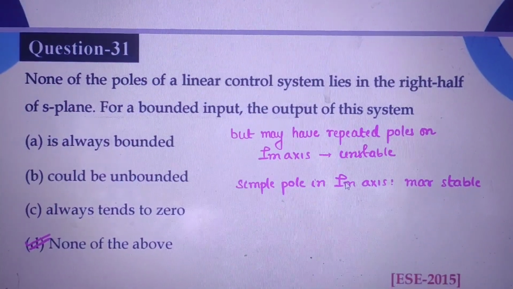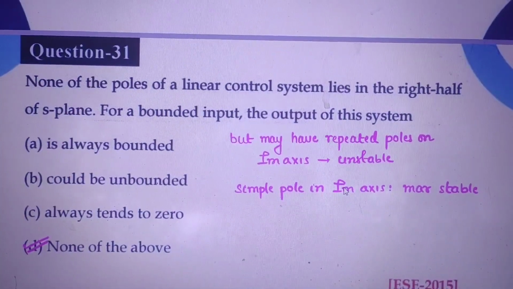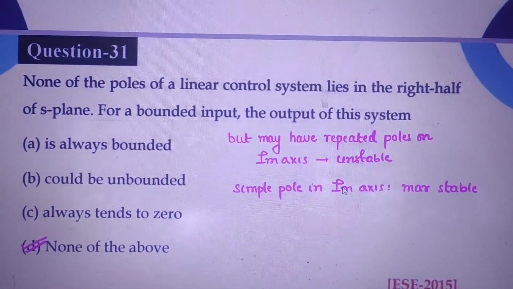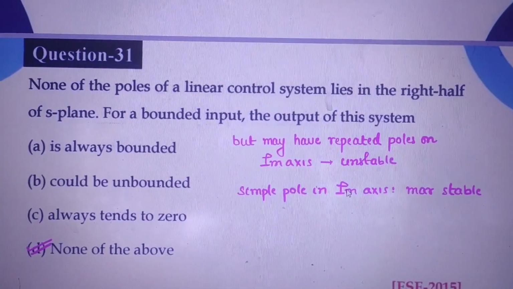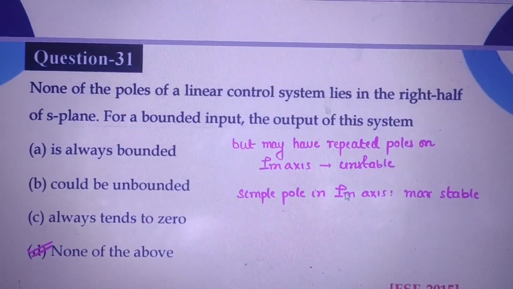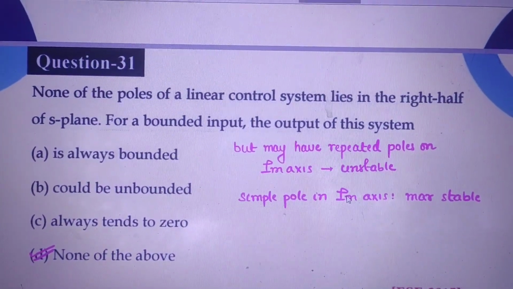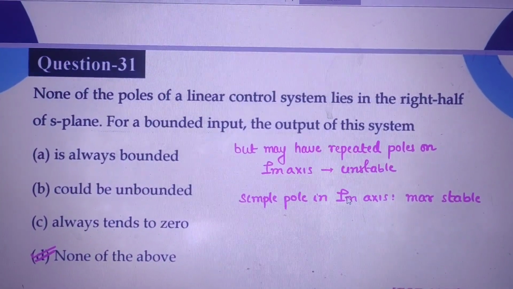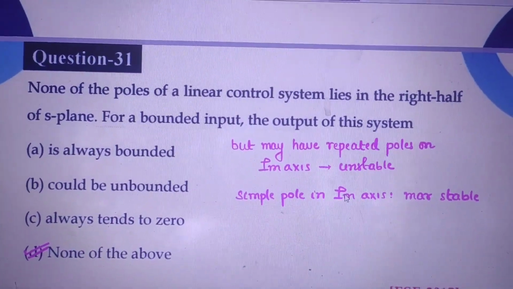In the question he didn't mention whether it is a simple pole or repeated poles on the imaginary axis. So if we consider repeated poles on the imaginary axis, it will be unstable, and for bounded input the output could be unbounded. So option B is right according to the ESC 2015 key.